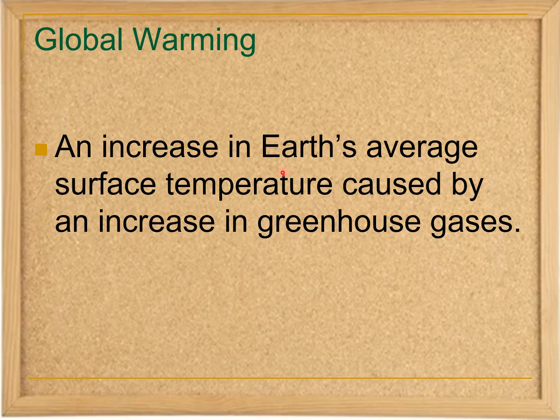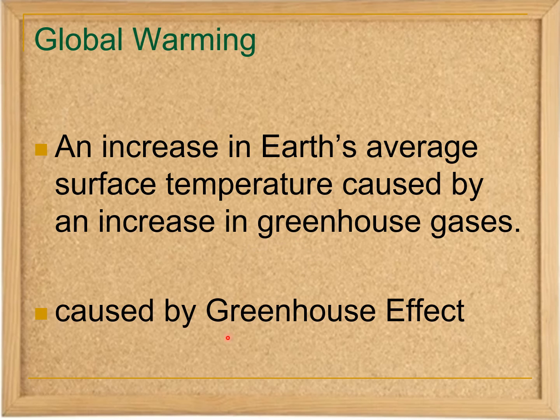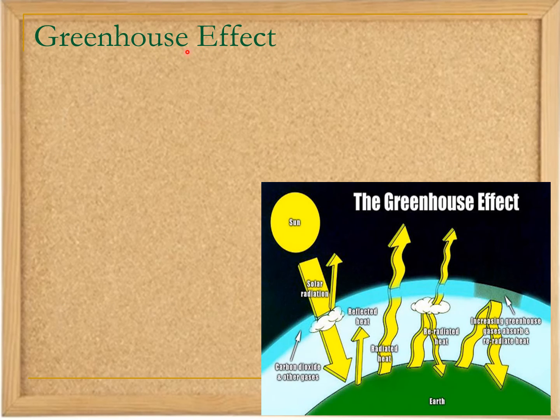So if we keep on using cars, building more factories, and more burning, slowly we are increasing the temperature of the Earth, which we can call the greenhouse effect. The greenhouse effect comes from the word greenhouse.